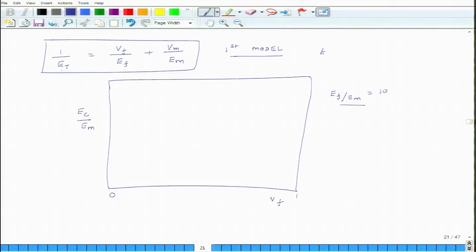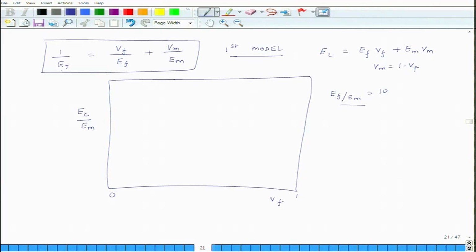For EL, what is the relation? For EL, the relation is EF VF plus EM VM. And of course, we assume that Vm equals 1 minus Vf. We do not assume that there is any air or something like that.